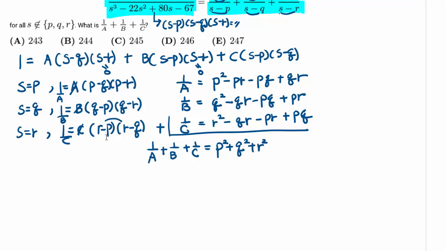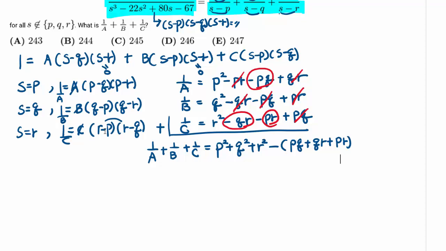We have some common terms: minus pr, minus qr, minus pq. So we get negative pq, negative qr, negative pr, and putting them in brackets with a minus: pq plus qr plus rp.